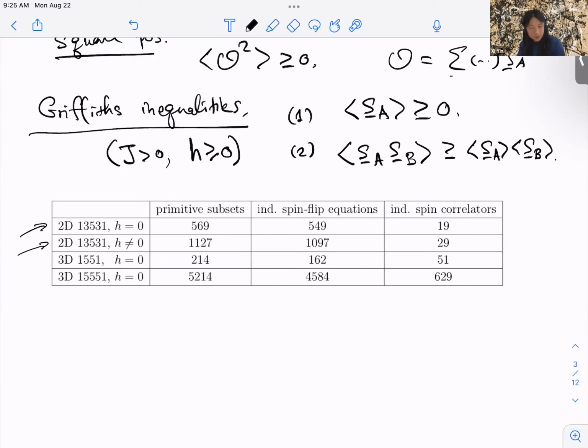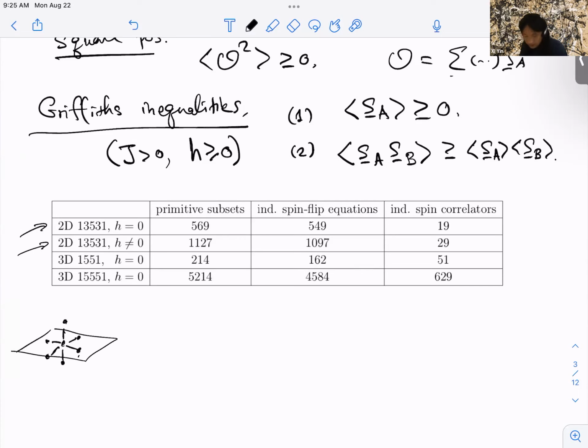And for a three-dimensional Ising model, we can do a similar thing on the cubic lattice. In this case, I didn't include the picture here, but for example, in 3D, if I consider this collection of 7 points, this is a plane.